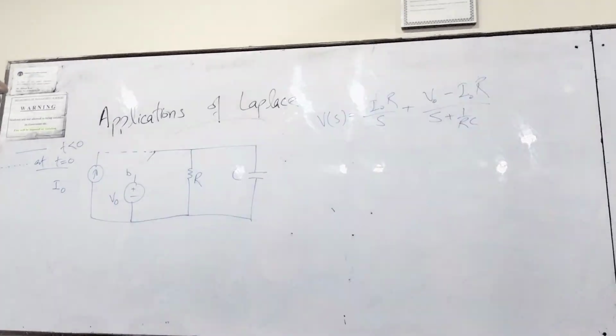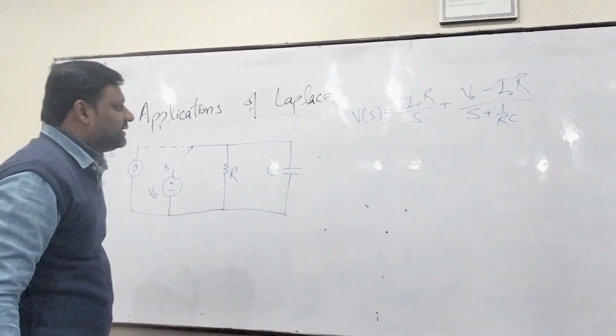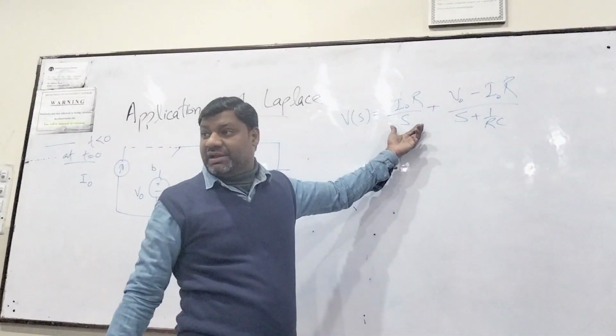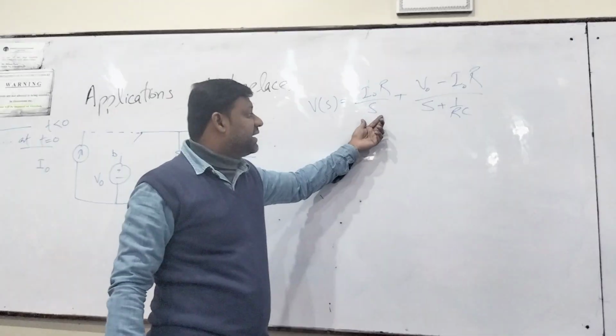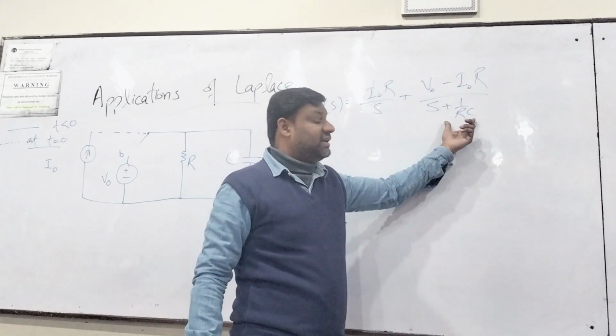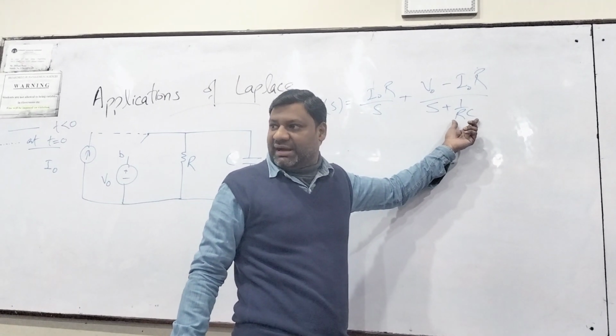Okay, come back. So that's the expression which is ready to be inverted. 1 over s and 1 over s plus a, where a is 1 over RC.